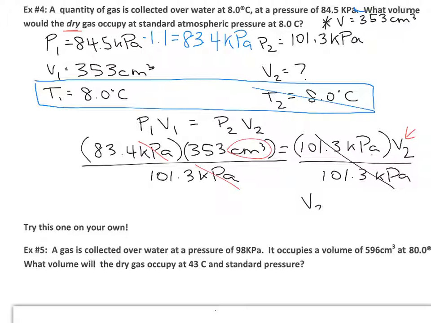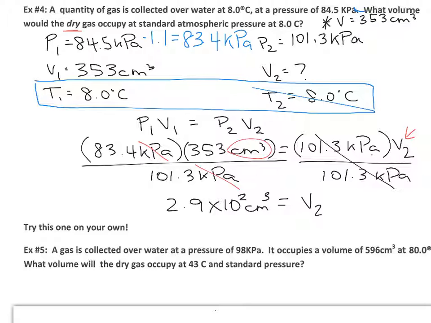So my V2 equals 2.9 times 10 to the 2 centimeters cubed. So the reason that I have to put this one into scientific notation is because, remember, I only have 2 sig figs that I'm allowed to use in this question here. So I can't write 290.